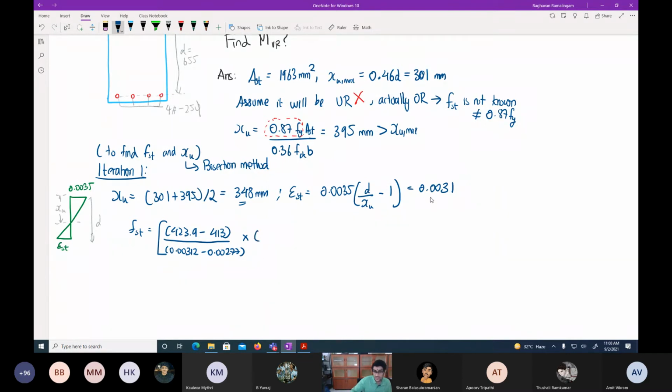The strain that we have is 0.0031 minus 0.00277, and the lower bound stress is 413. This is normal linear interpolation, nothing else. If somebody is stuck about how to write the interpolation, just to remind them how interpolation is carried out, I have written this.